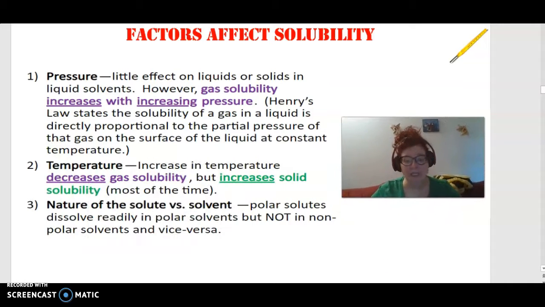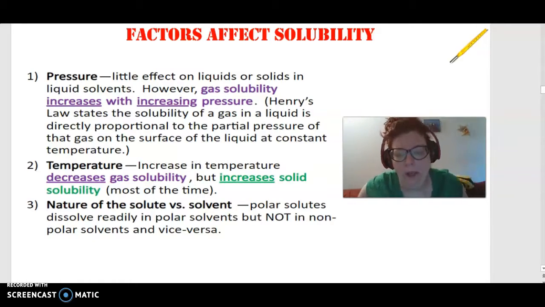So we just talked about solubility. Now let's talk about things that actually can affect it. What can affect solubility? Well, again, we know temperature. If you increase the temperature on a solid, you're going to increase the solubility.